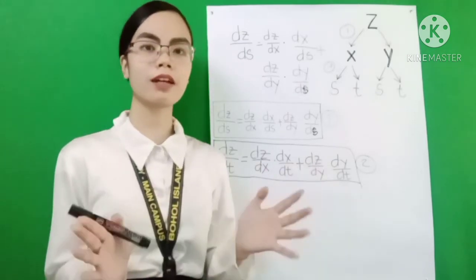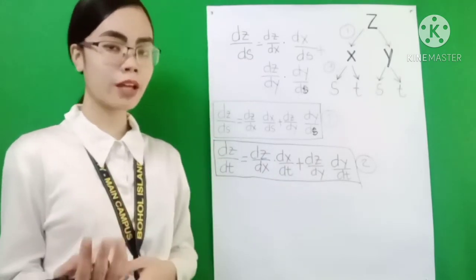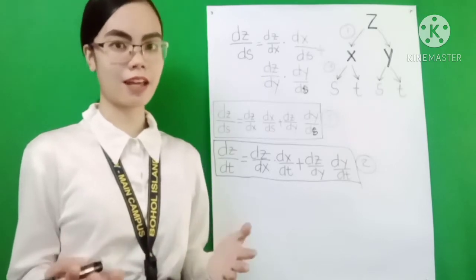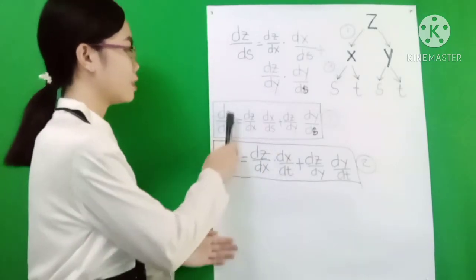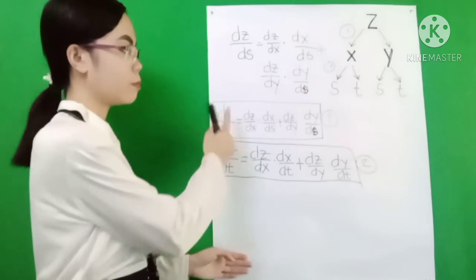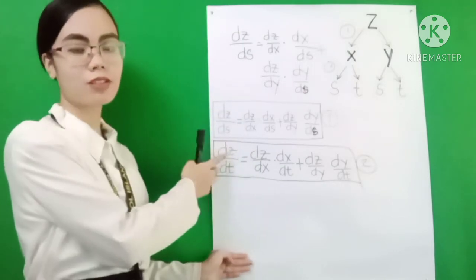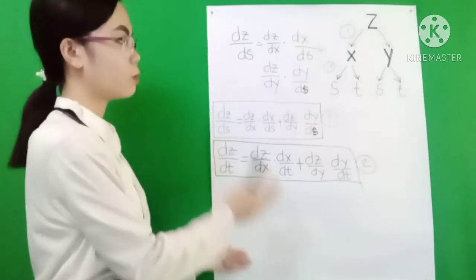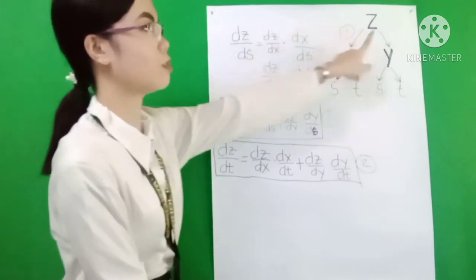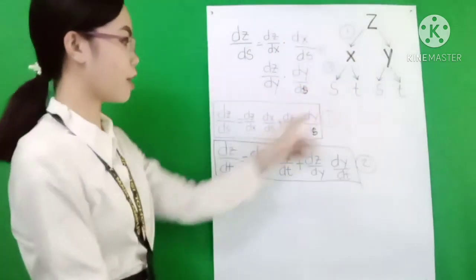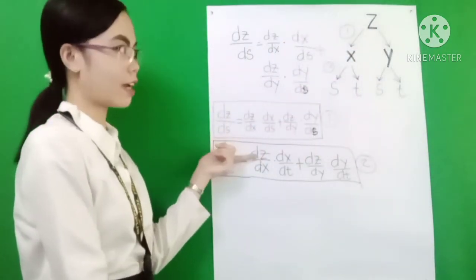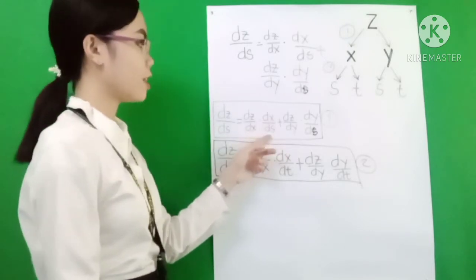The first thing we're going to do is focus on everywhere we see an s. So to find dz over ds, the partial derivative of z with respect to s, we locate z over x, and we have dz over dx times dx over ds.